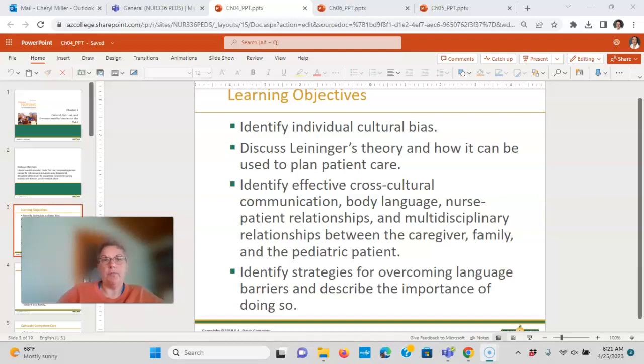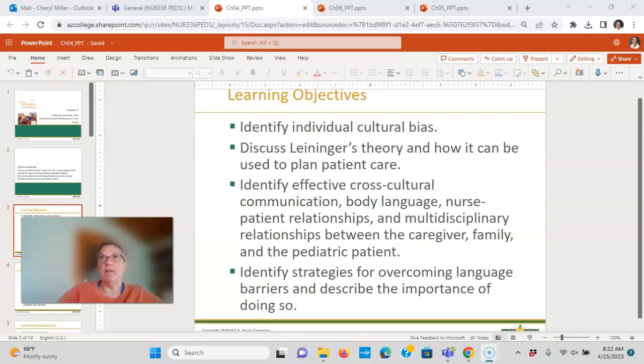As a nurse, you should be able to de-identify and take care of anyone, even including a serial killer. So, that being said, you have to really look at your own cultural biases and make sure that you're not bringing that into your care.